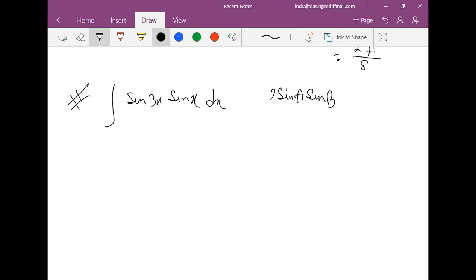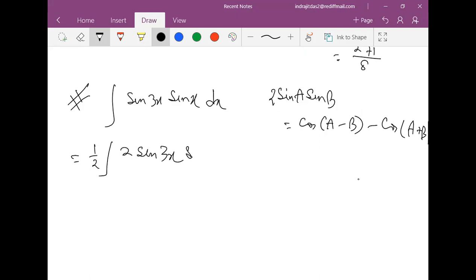If I have a 2 here, then the result will be cos A minus B minus cos A plus B. If you recollect the formula, cos A cos B plus sin A sin B, minus cos A cos B minus sin A sin B, that gives 2 sin A sin B. But we don't have a 2 here, so we will put 2 outside to get 2 sin A sin B. Yes, the formula we have found.